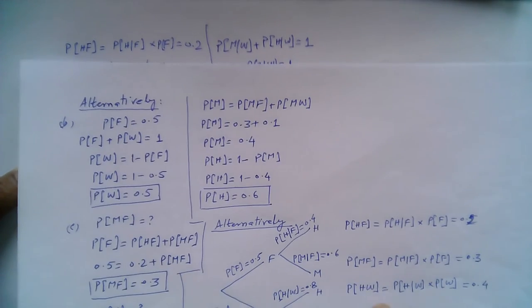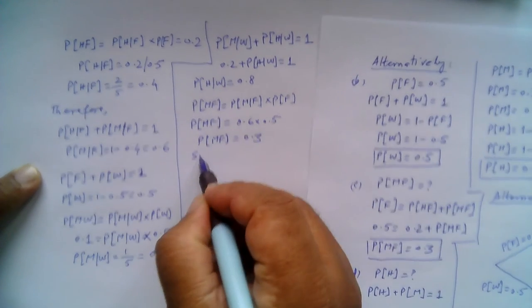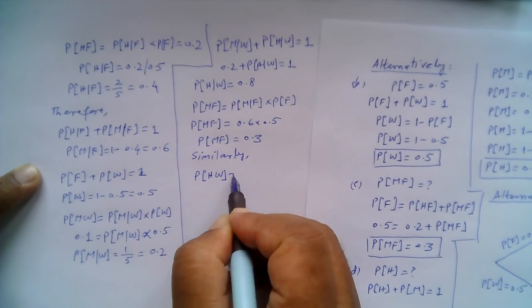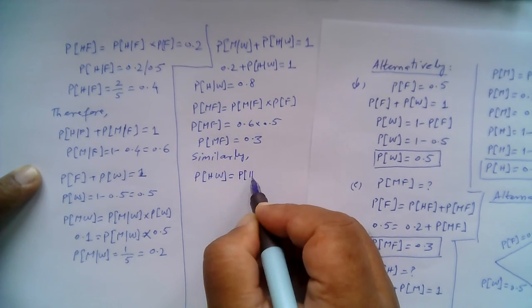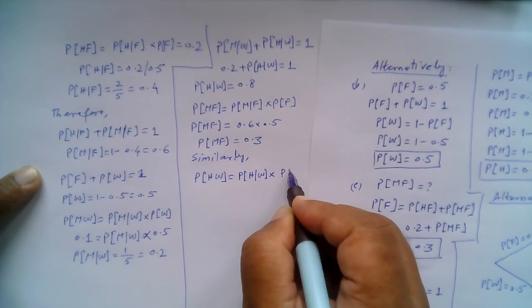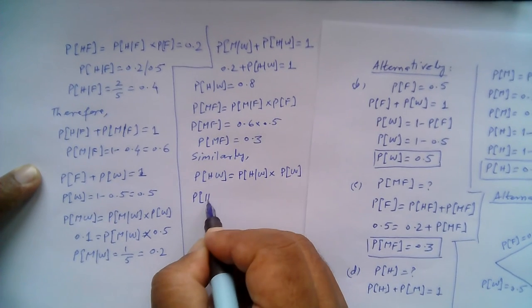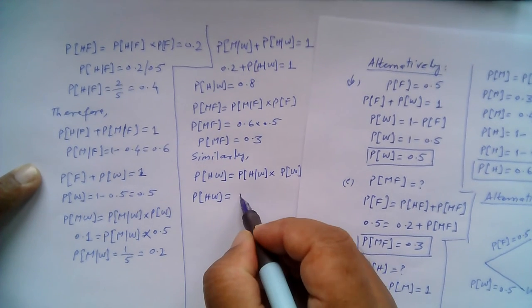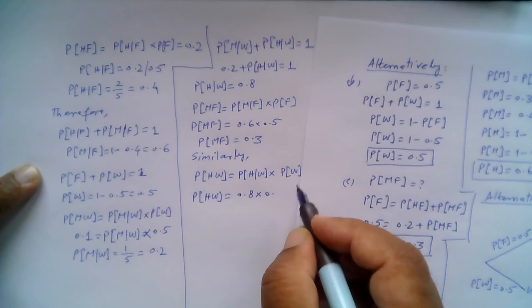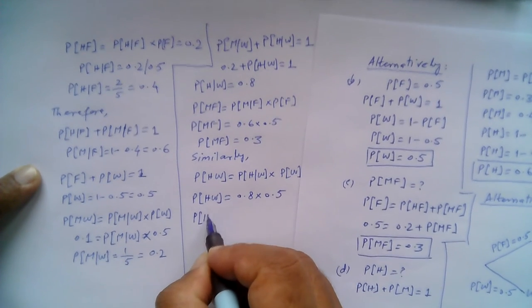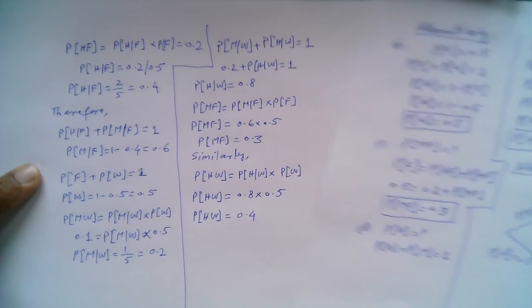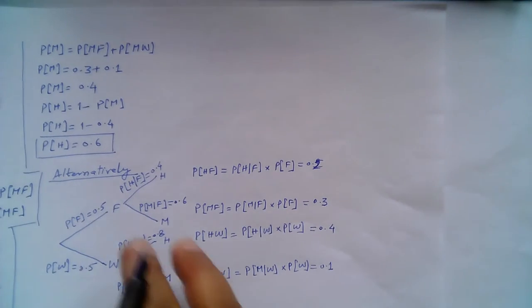And similarly, the probability of HW is equal to the probability of H given W multiplied by the probability of W. H given W is found to be 0.8 and the probability of W is 0.5, so the probability of HW is 0.4. So from this tree again, we can find all the required probabilities that we are asked.